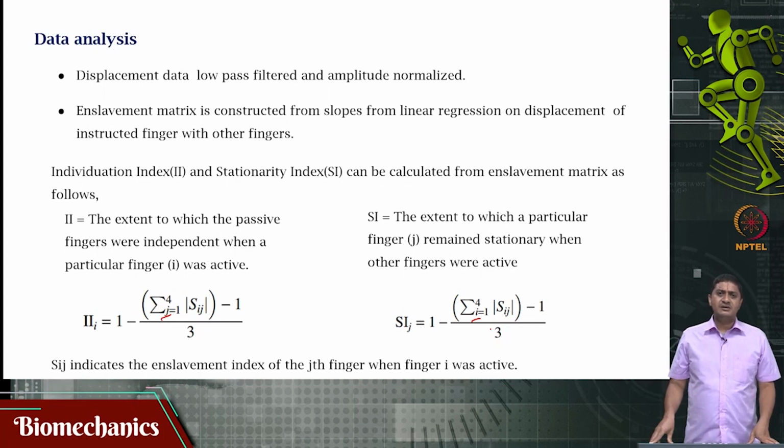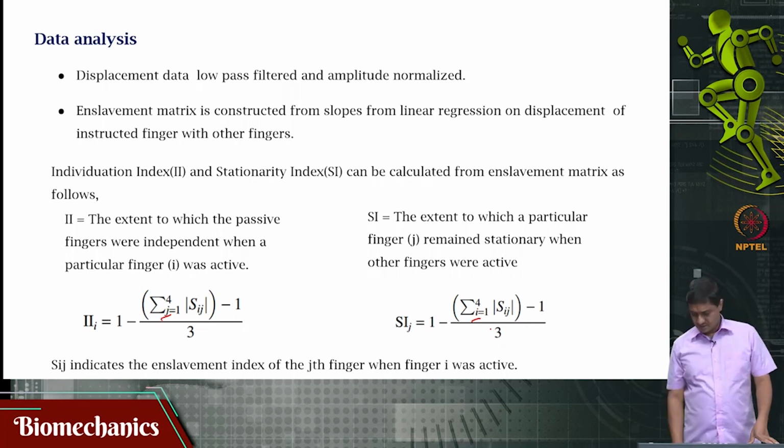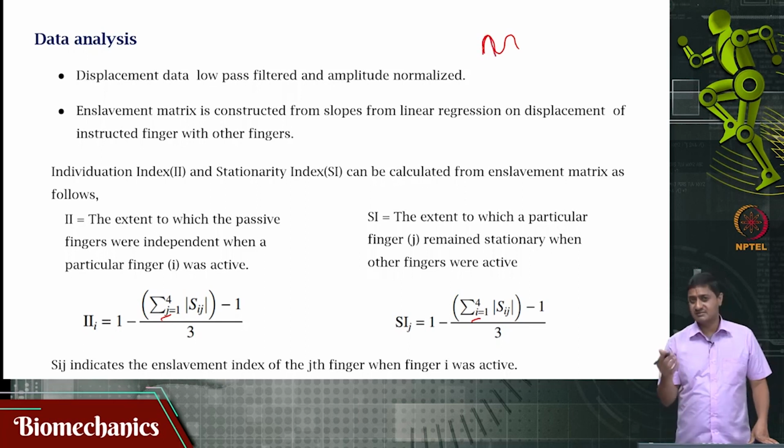We performed a statistical analysis on the individuation index and stationarity index and the enslavement matrices. For example, for the individuation index, we used a three-way ANOVA to differentiate between the direction of movement, whether your movement is flexing or extending, and which half cycle you are in, the upgoing or downgoing half cycle.